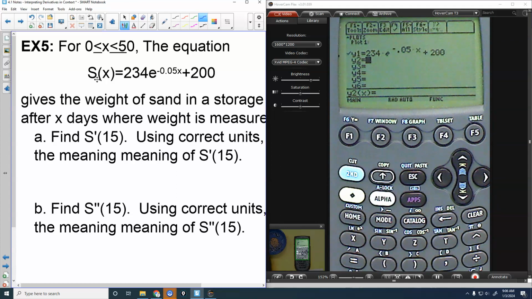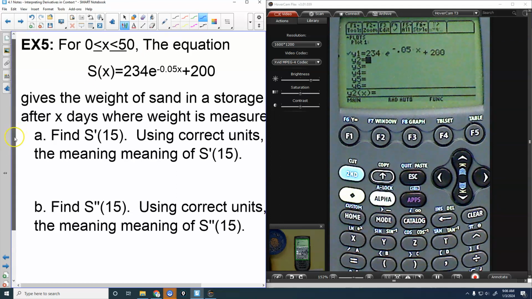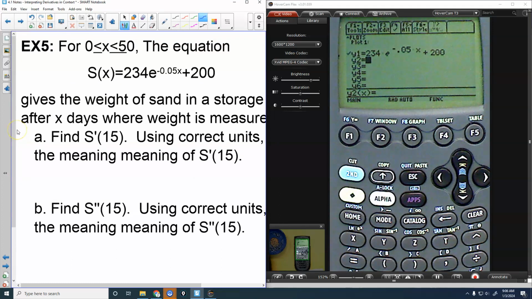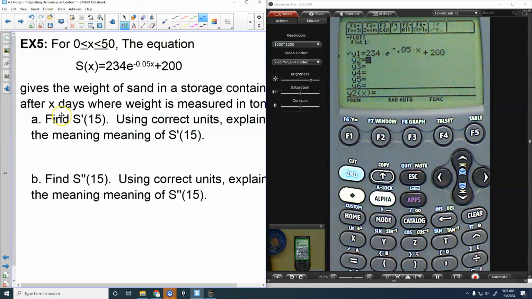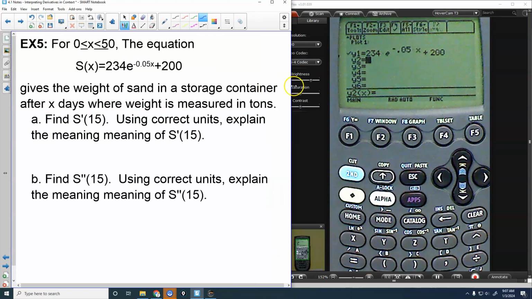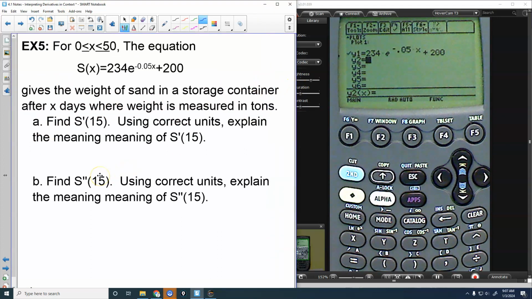And this is very much like what you will see a lot of times for a part of a free response question on the exam. They'll give you an equation. They're telling you from 0 to 50, and it's asking for S prime of 15 and S double prime of 15. It tells us this gives the weight of sand in a storage container after X days where weight is measured in tons.